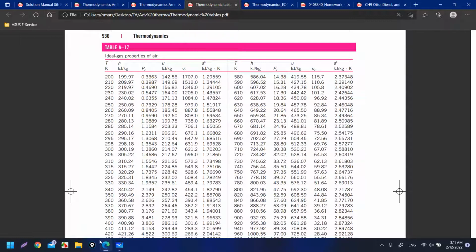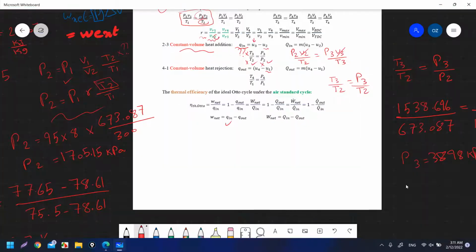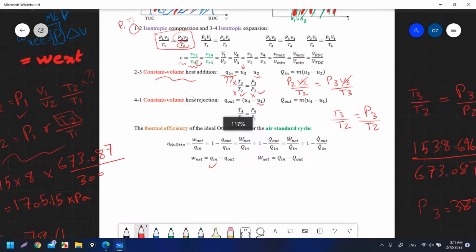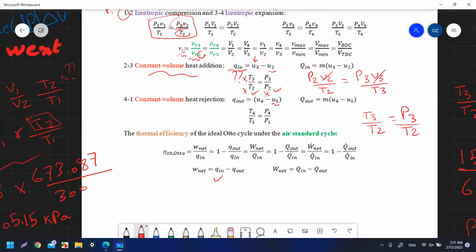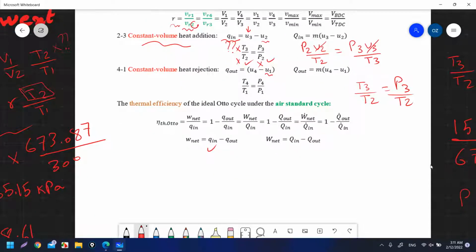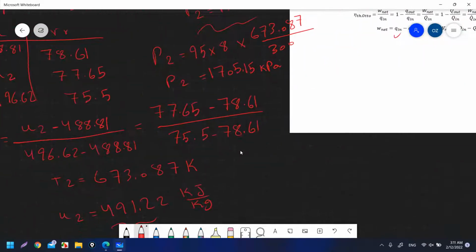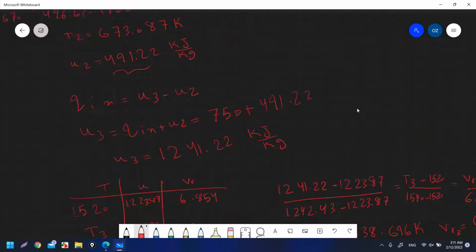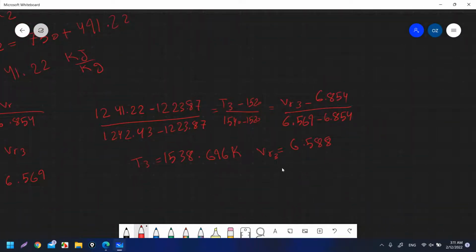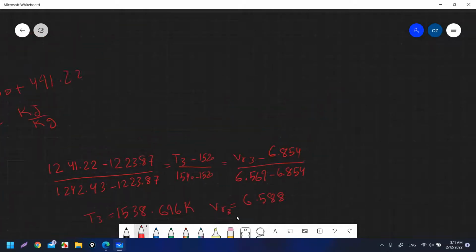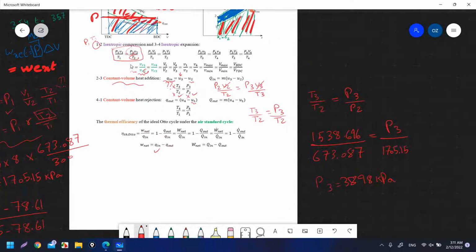So I need VR4. VR4 is related to VR3 through R, which is the reason I found VR3 when we did the interpolation. So I can use VR3 with R, the compression ratio, to find VR4.